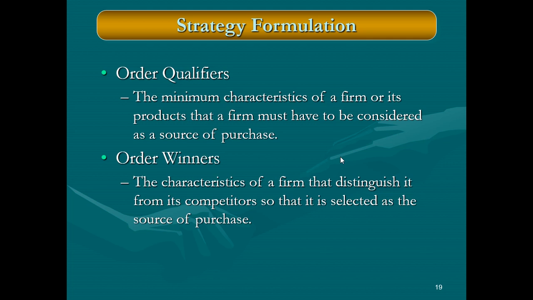Again, the minimum characteristics reflected on its products that a firm must have to be considered as a source of purchase, which means the minimum level of features or competitive advantage in order to compete in the market and be a source of purchase.